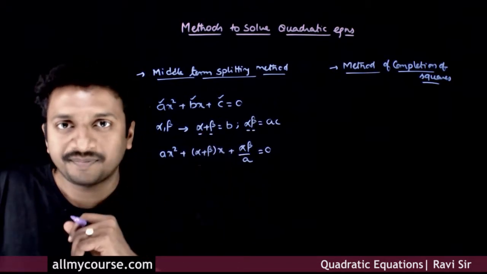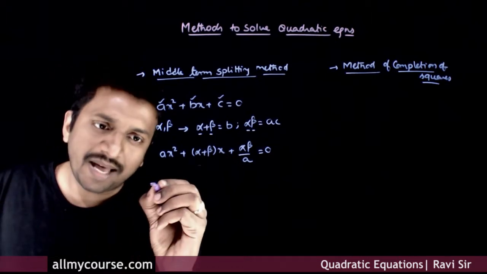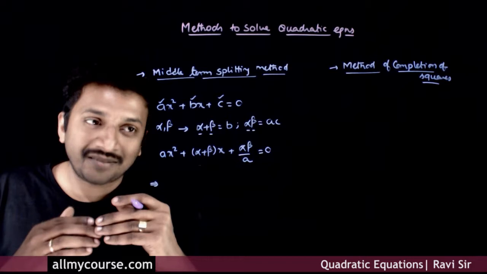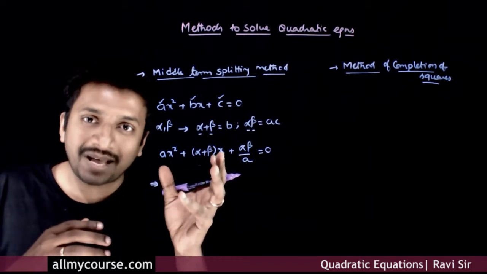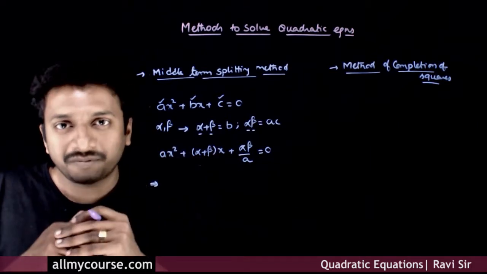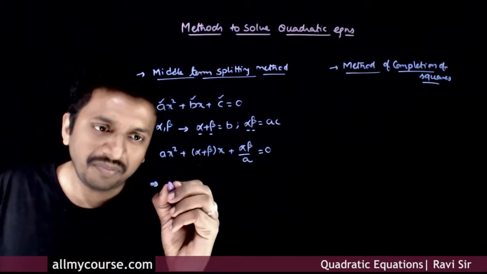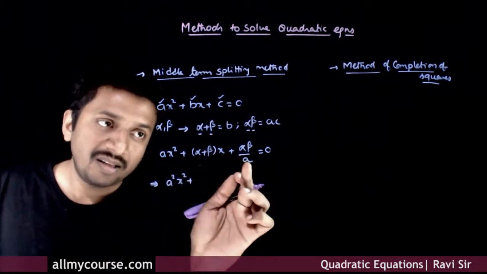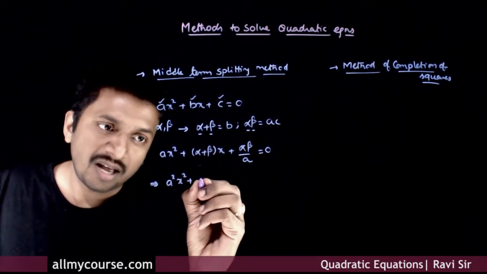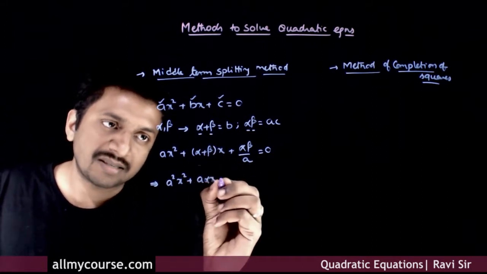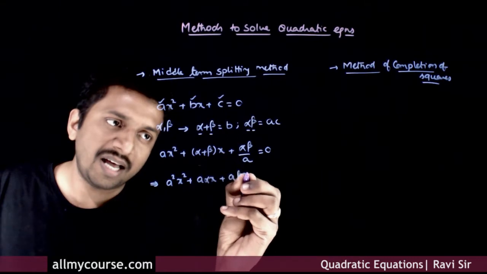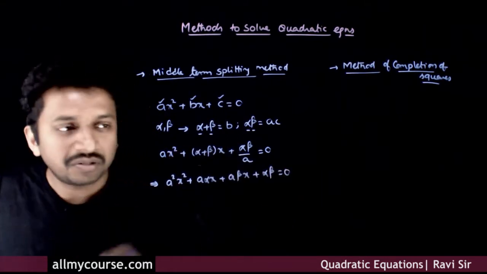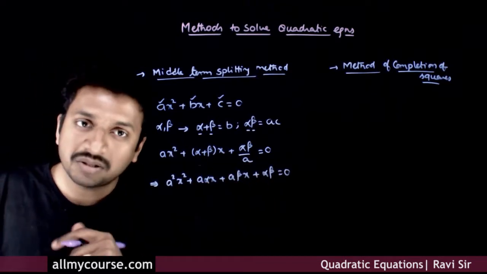Now you might not have seen this, but this problem has become very easy to solve. Let us take the LCM. So a square x square plus a alpha x plus a beta x plus alpha beta is equal to 0.